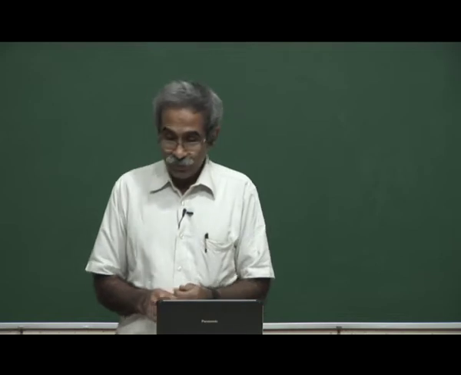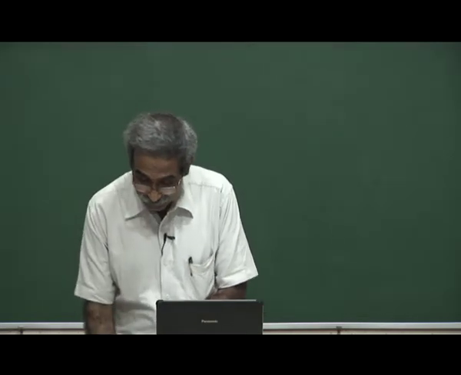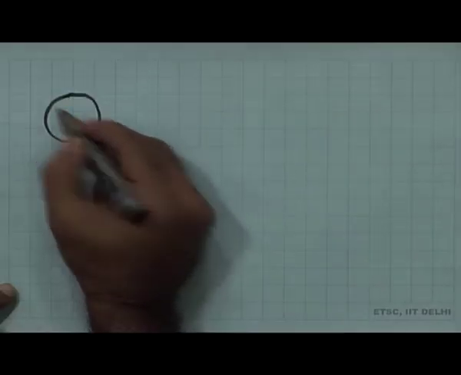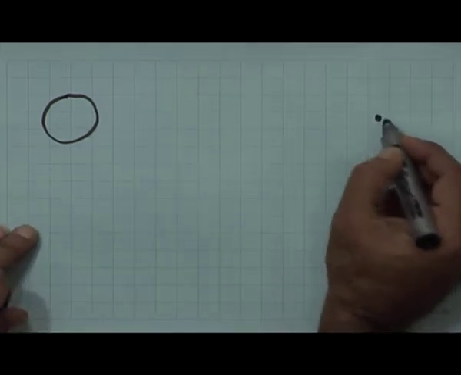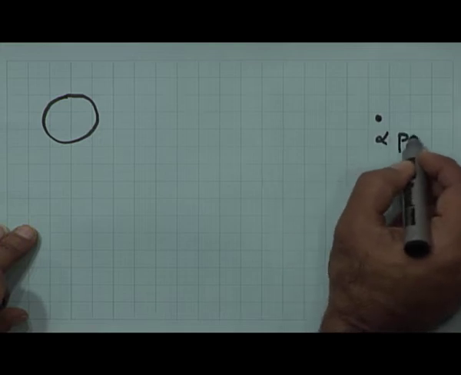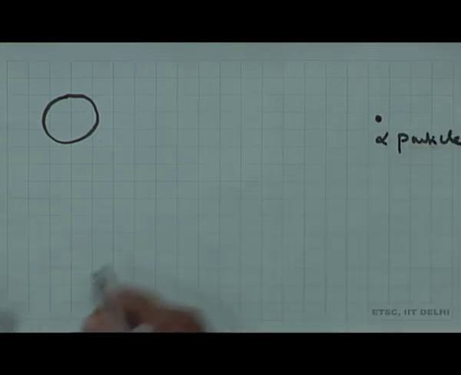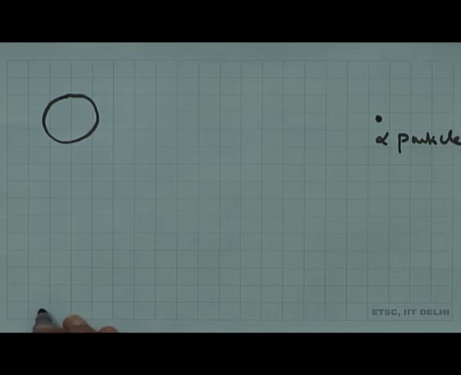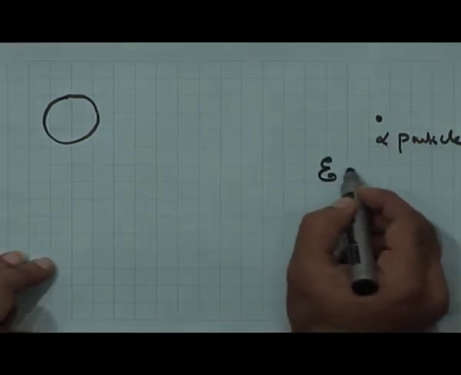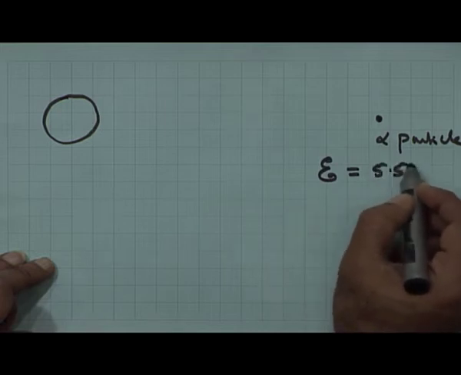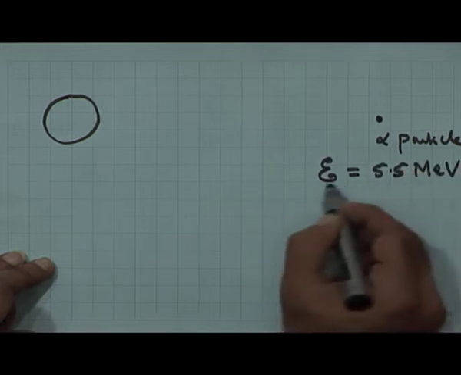What is happening now is that I ignore the negative charges, as I told you. So this is coming from the positive charges only, and here is an alpha particle almost at infinity. That is the statement that we are going to make, and at infinity it has a kinetic energy E equal to 5.5 million electron volt.